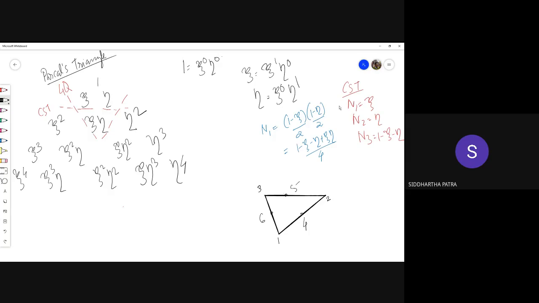Then I will require terms up to this line. So this is for the 6-noded triangular element. We'll not go into the details of the 6-noded triangle element. Actually, we can.